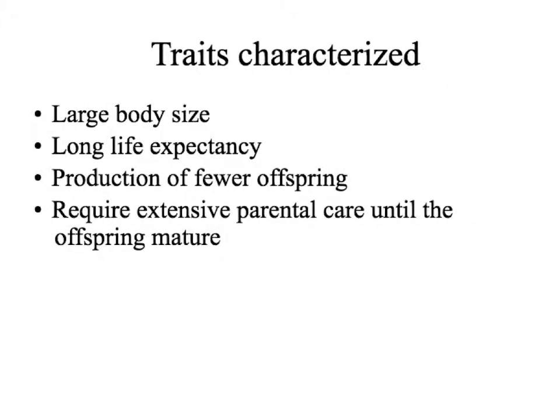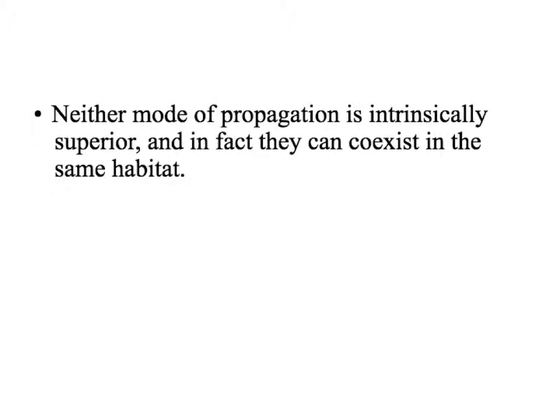Traits that characterize them: they have large body size, long life expectancy, production of fewer offspring, and require extensive parental care until the offspring mature. Neither mode of propagation is intrinsically superior, and in fact they can coexist in the same habitat.